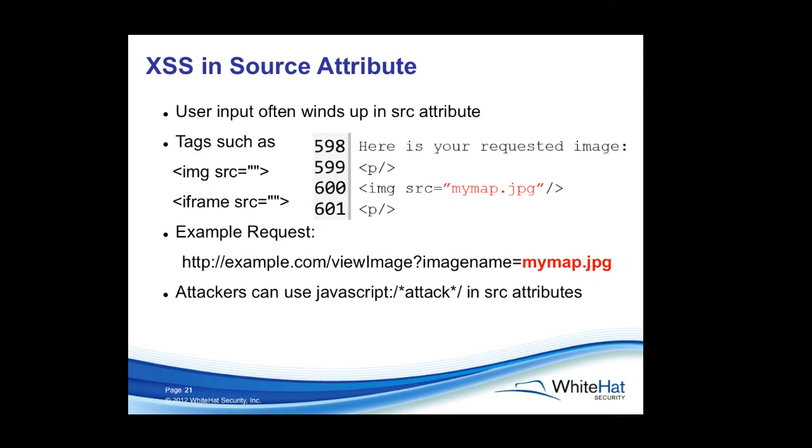We want to do attribute encoding at the time of placing that URL in the source attribute. And if we have to accept a feature like this, where we are accepting a relative URL or just a flat resource, we have to do contextual validation specific to our application to make it safe. And this is relatively tricky. There's a lot of things that can go wrong here, but this is the kind of defense we need in this kind of situation.